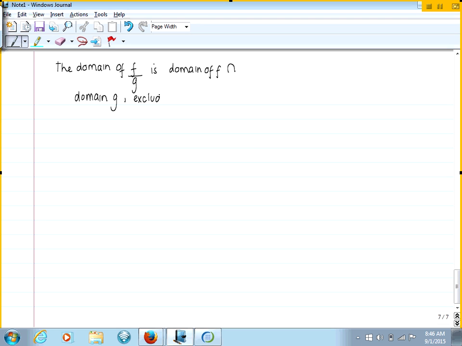What is the addition? Excluding values. So you have to exclude more values for which G of X is equal to 0. Okay?